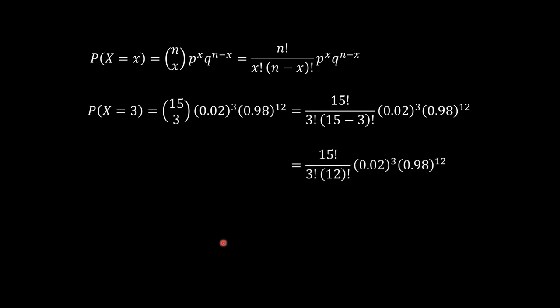This is now equal to 15 factorial over 3 factorial times 12 factorial, then times 0.02 raised to 3 times 0.98 raised to 12. Using a calculator, we get 0.00285637.